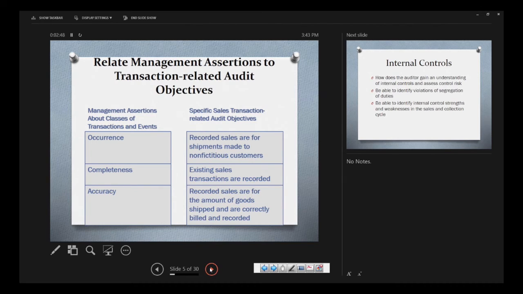They occur, and those shipments were made to valid customers. If they're talking about completeness, everything that should be recorded has been recorded, so existing sales transactions are recorded. The audit procedures are meant to gather evidence about the assertions that management makes. And again, recall that the assertions are tied to generally accepted accounting principles, GAAP.